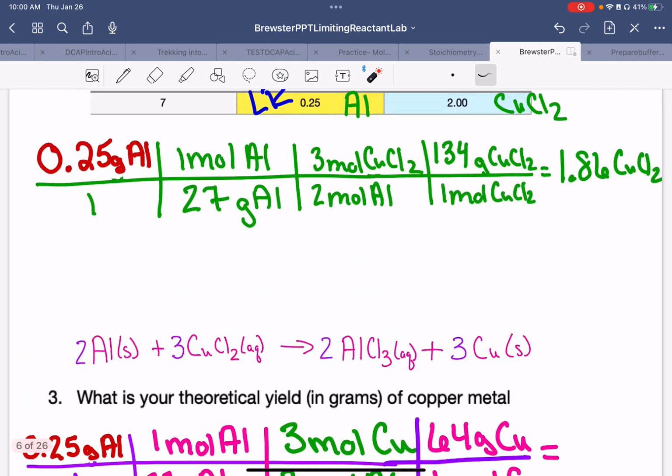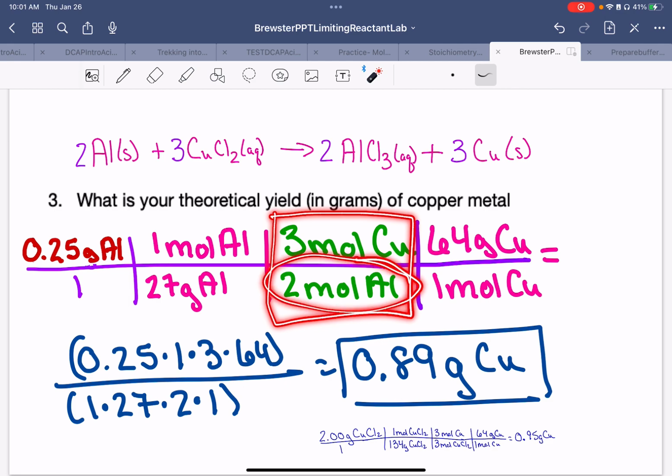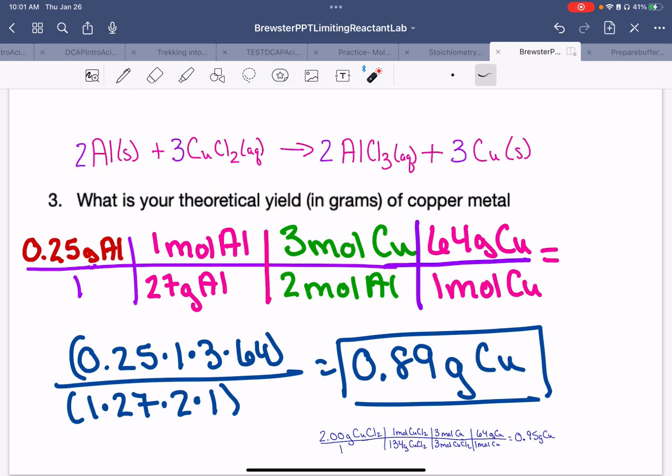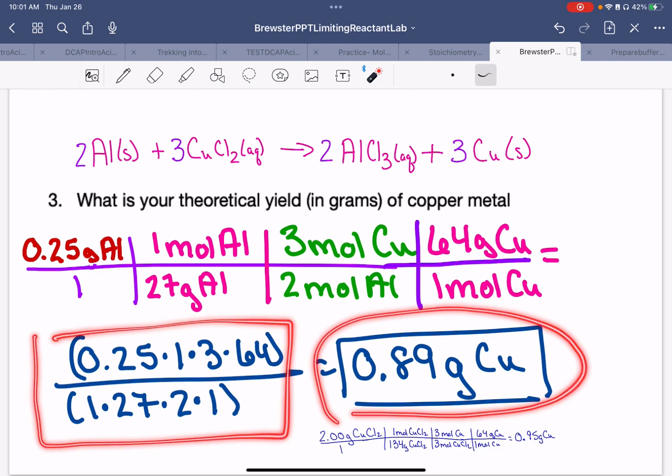So same step as we did up here. Then I do my ratio. I have 2 moles of aluminum to 3 moles of copper, 2 to 3. Now I need to get back to grams of the copper, so I'll put 1 mole on the bottom, 64 grams of copper on top. Here is my math laid out for you, and this is the amount that I got.